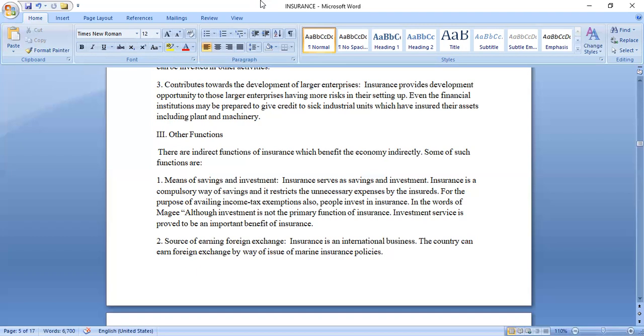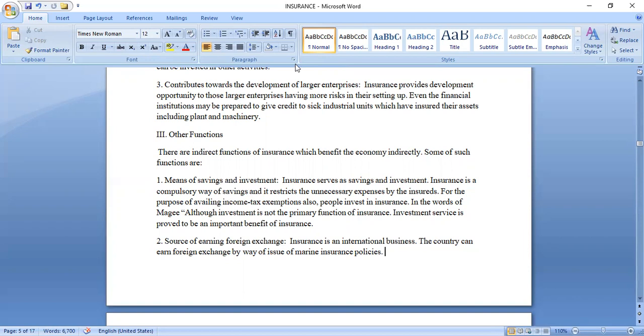Are we together? They can be exempted by the government from paying income tax because they are insuring with these insurance companies. And of course, these insurance companies contribute towards government revenue through their taxes. So these people that are taking the insurance will be exempted from income tax. Yes, it is there, but of course, I don't think it is happening the same way it does in the developed world.